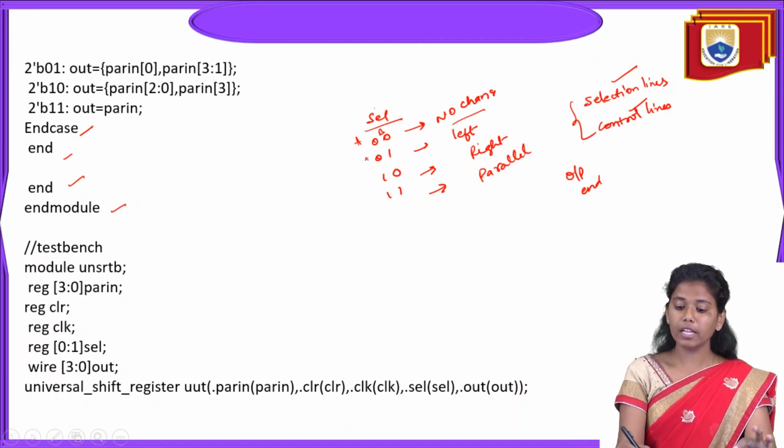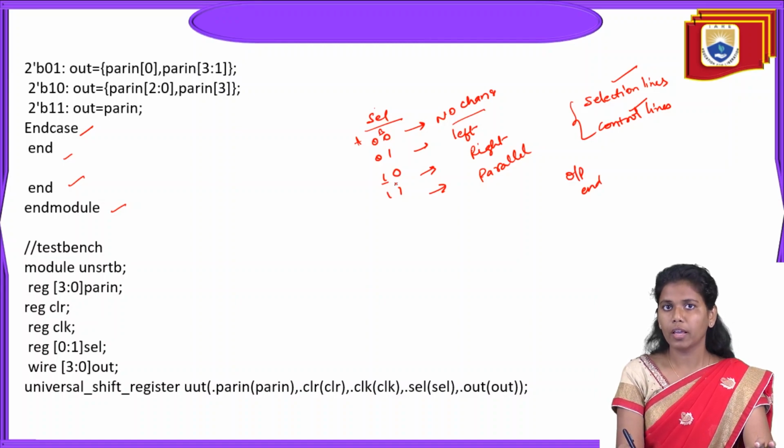If A is 0 and B is 1, I'm going to shift, a right shift. Then for A as 1 and B as 0, the output is going to be a left shift.